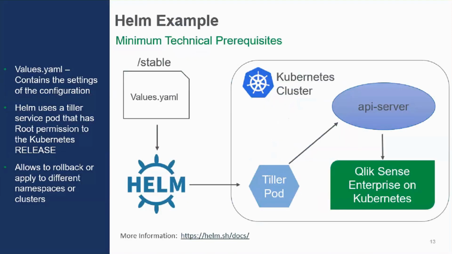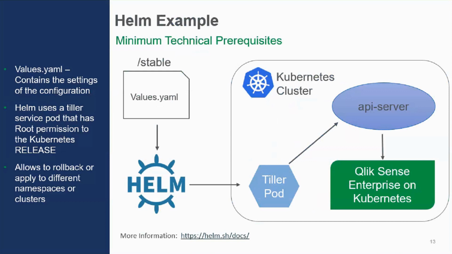So what this looks like is this example here. So you have a values.yaml file. That's kind of the generic name for a Helm chart. It contains settings of the configuration that are specific to your instance. What that then does is Helm interprets that.